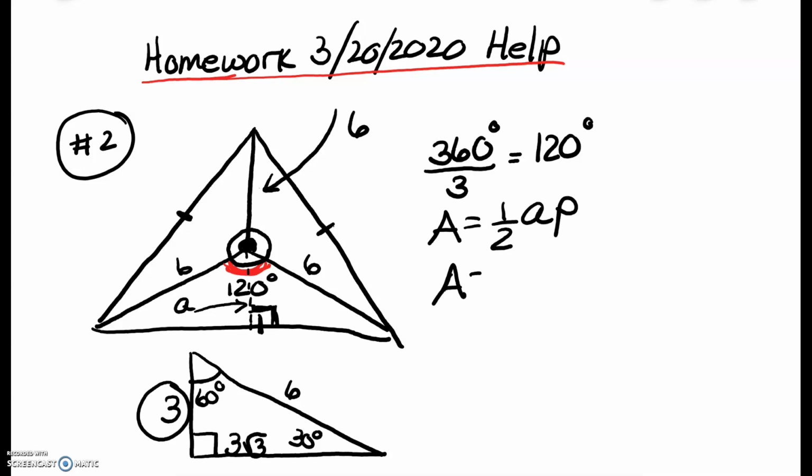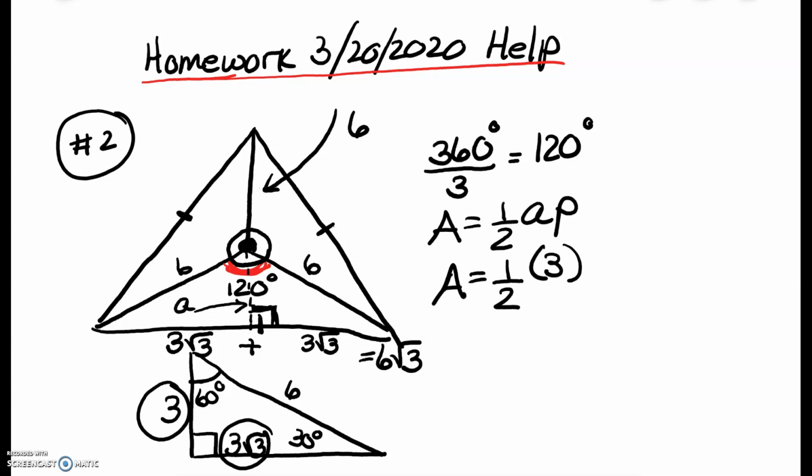So I have my apothem. We just need to find the perimeter now. How do I find the perimeter? Well, I know this part is 3 radical 3 because I found it when I was solving my 30, 60, 90 triangle, which means this is 3 radical 3. So the entire length, I would just add them. I would get 6 radical 3. And I have 3 sides to my triangle, so when I multiply by 3, I get 18 radical 3.